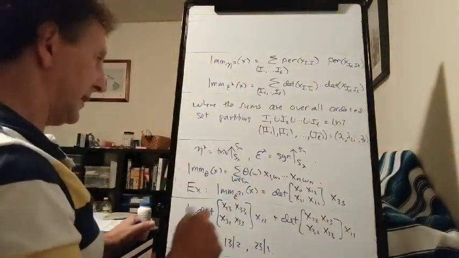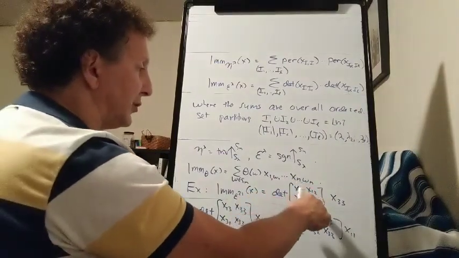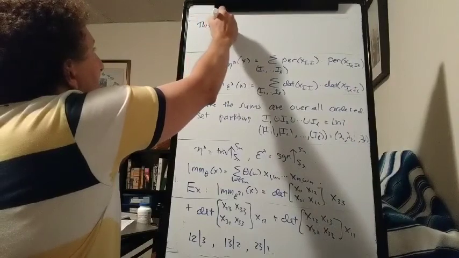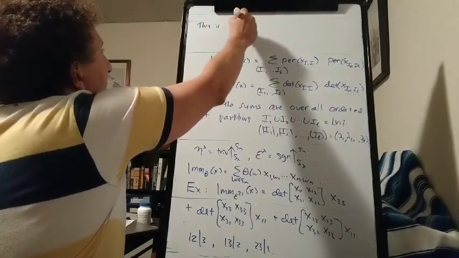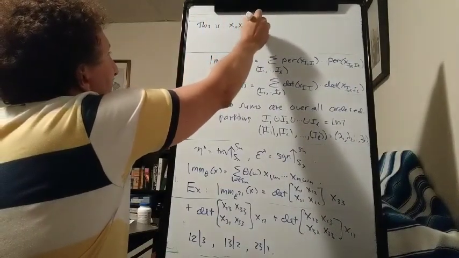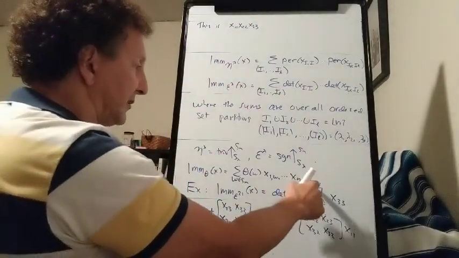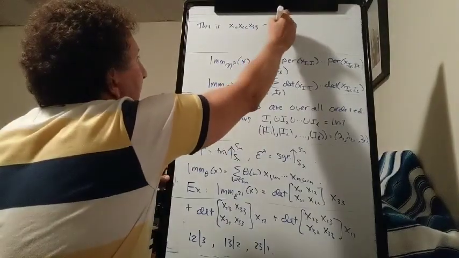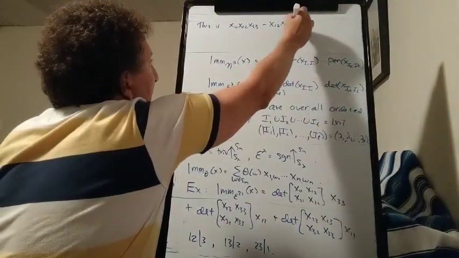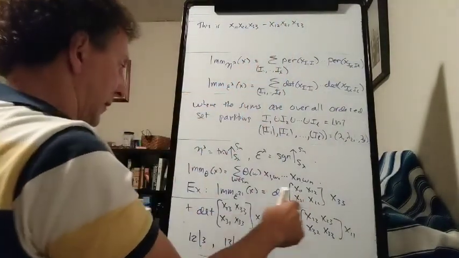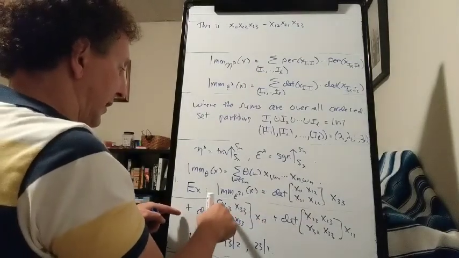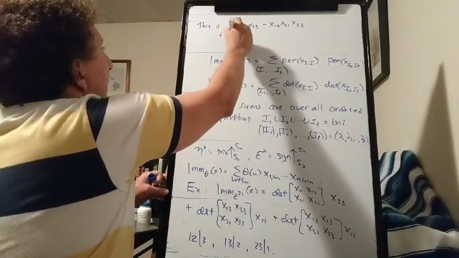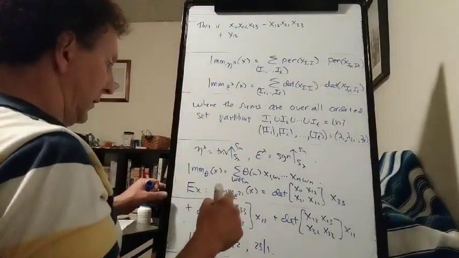then we get x1,1, x2,2, x3,3. Minus x1,2, x2,1, x3,3. Plus x1,3, x3,3, x2,2. Oops, that's not right.